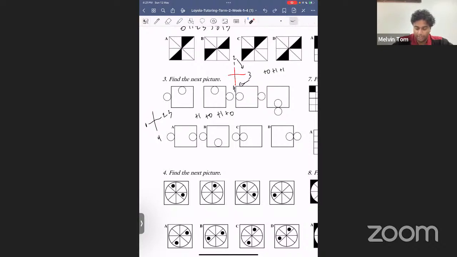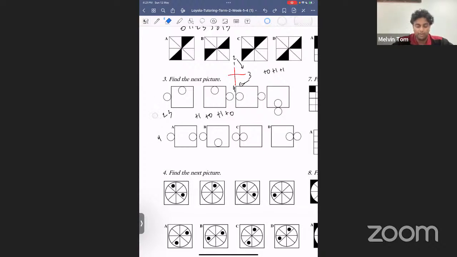So it should be here. So it goes +1, +0, +1, and it should stay there. But there isn't a single answer with the outside circle at the bottom. So none of the patterns make sense, right? None of the patterns make sense.